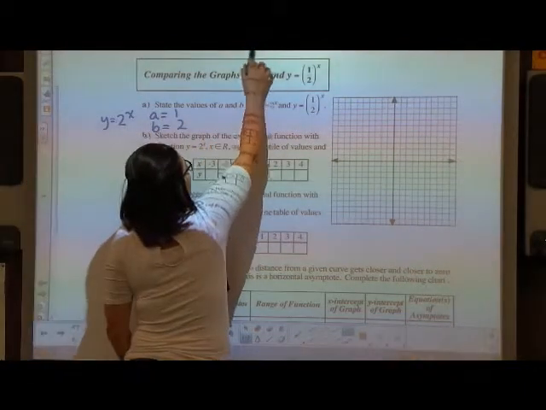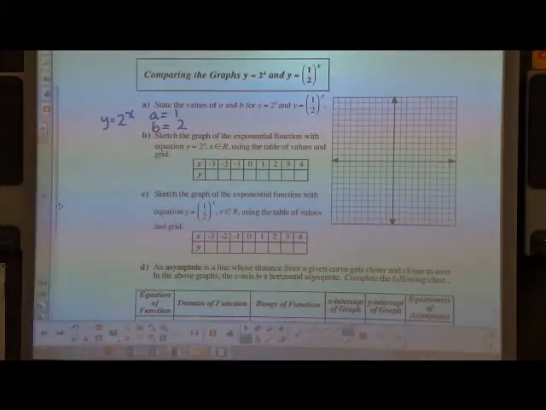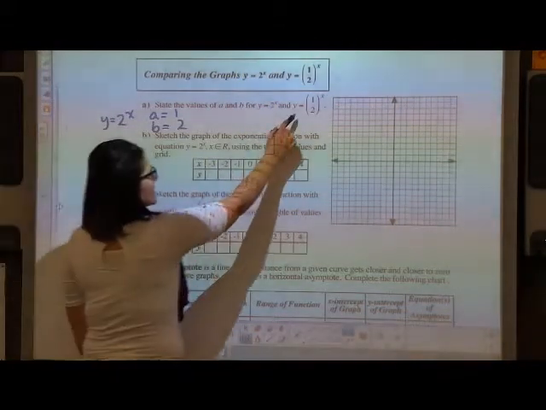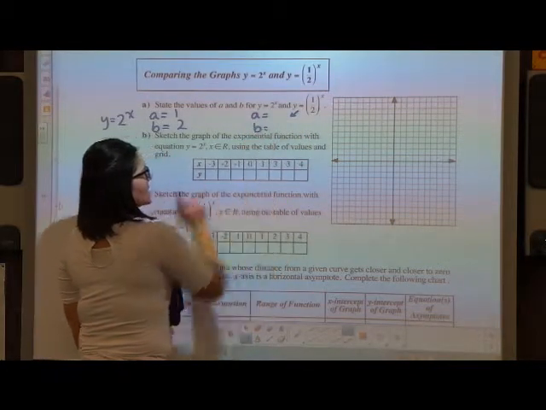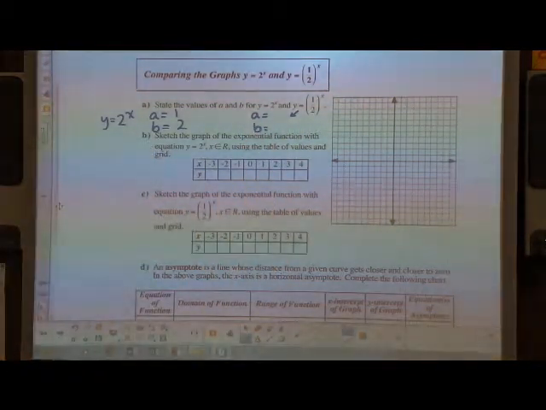If it's supposed to be written in this form, what would a and b be? So now if I look at this equation, what would be the value of a and b? a would be 1 and b would be 1/2. Right.